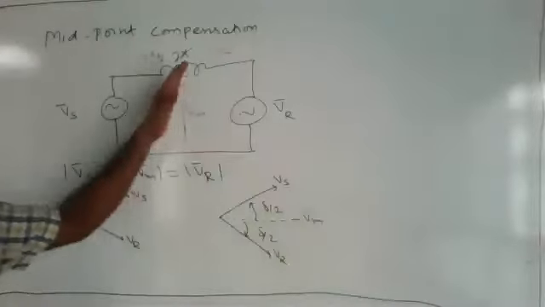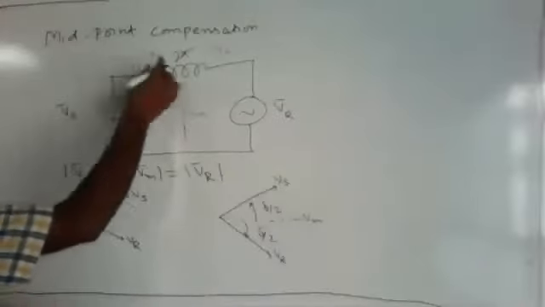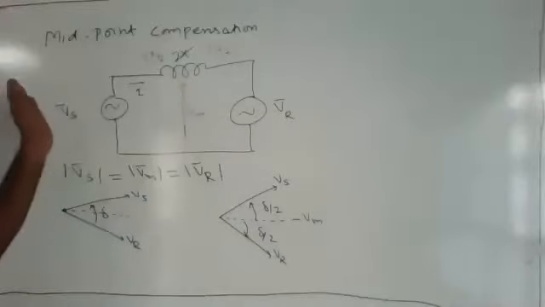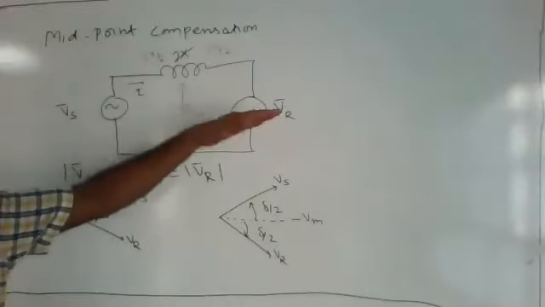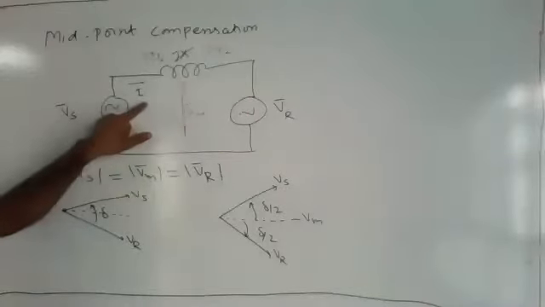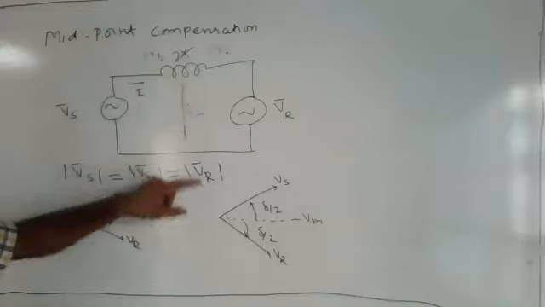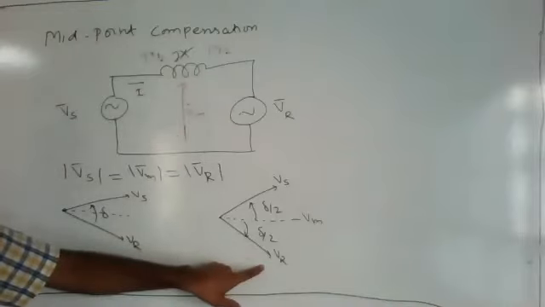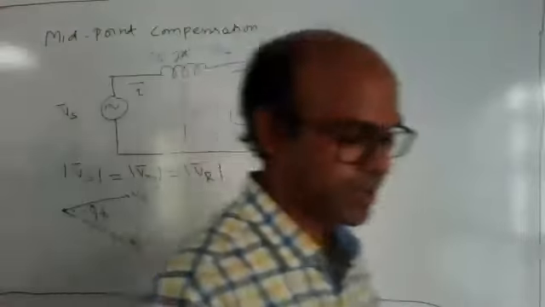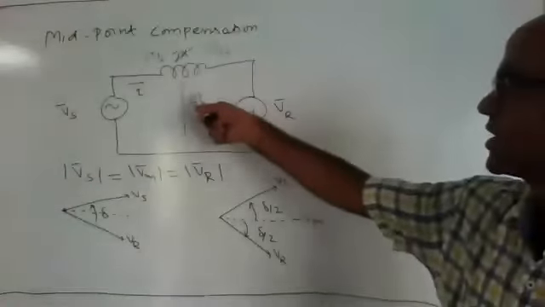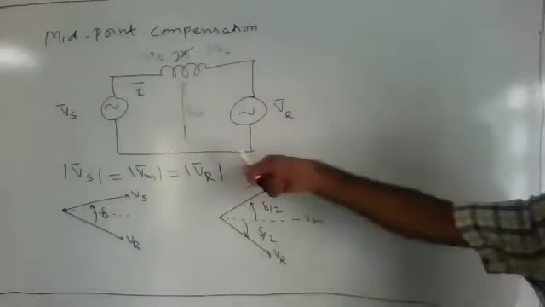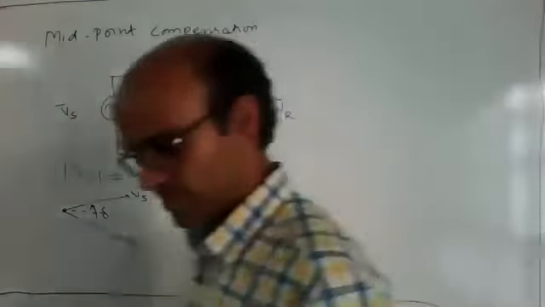So this side is leading because our current is flowing in this direction. If I go in the same direction as the current, and our movement is also, then Vr is lagging, not leading. Same polarity I am assuming, so this will also flow current in that direction.